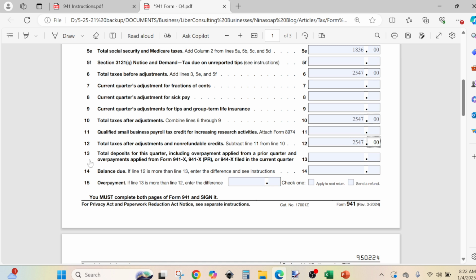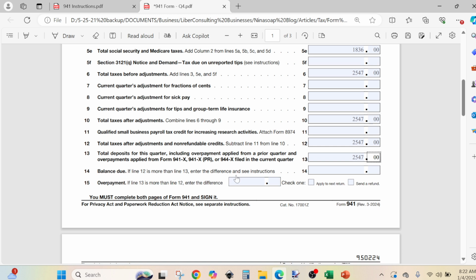So line 13, total deposits for this quarter, including overpayment from prior quarter. And here we are just going to assume that the tax liability is the exact amount we deposited. So 2547. So that brings us to line 14, balance due.